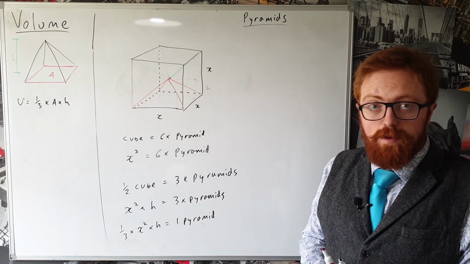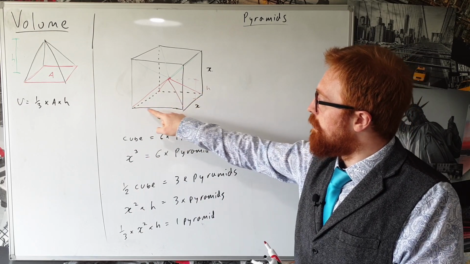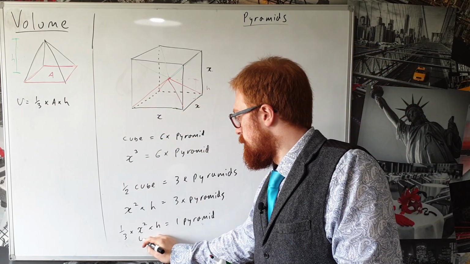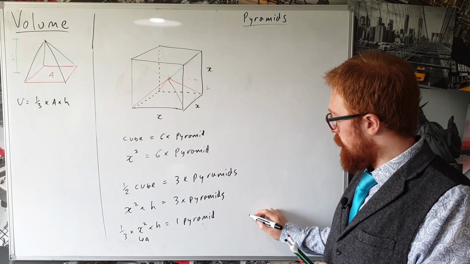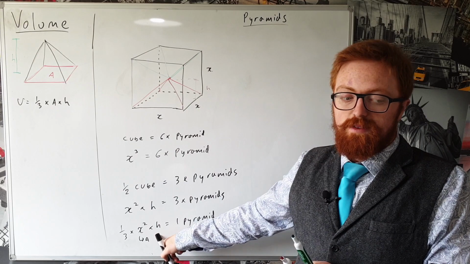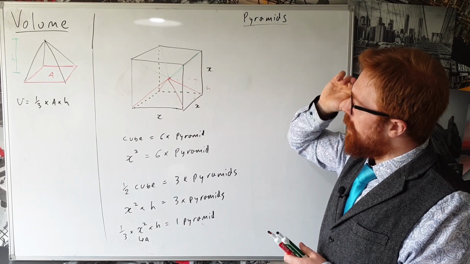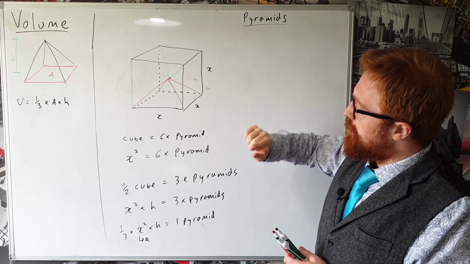And the last thing we've got to spot is that this x squared is exactly the area of the base of this pyramid. So that x squared is our area. So we get the volume of a pyramid is a third times the area times the height.